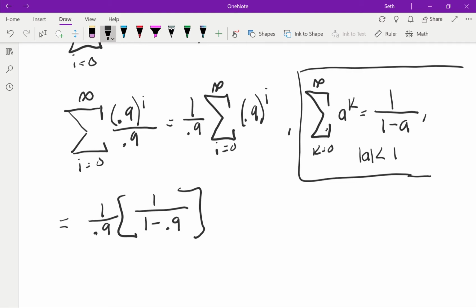And whatever that is, it's less than infinity, so this system is stable because our condition was that the summation had to be less than infinity for the system to be stable, so our condition was met.